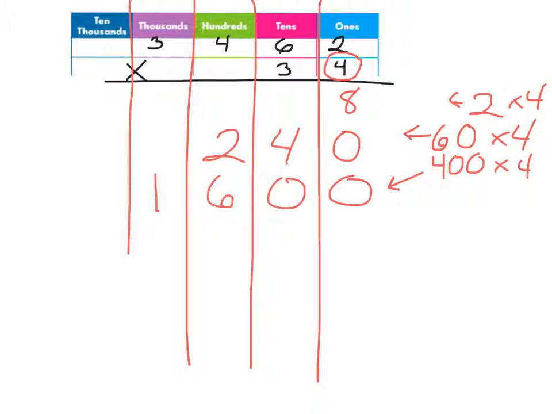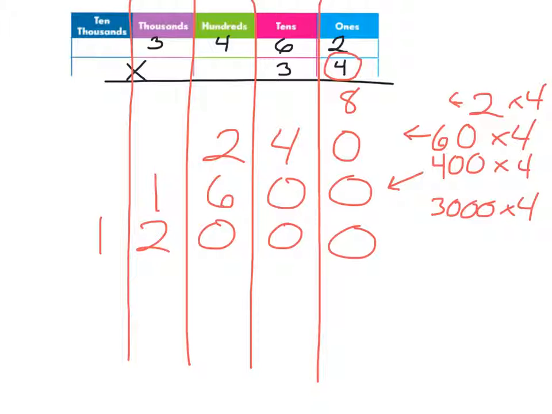Move on to the thousands column. 3,000 times 4 is 12 with 3 zeros. 1, 2, 3, right? Now we're going to switch colors because we're done with the ones column here.